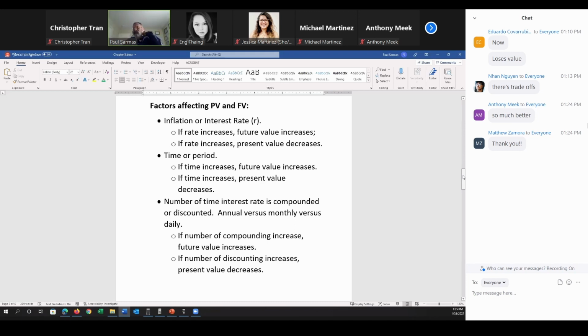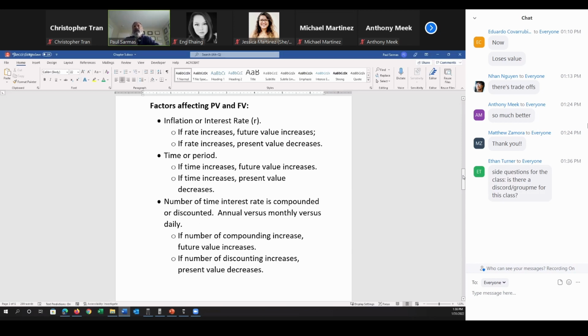So as interest rates increase, what will happen to the present value? It will go down, decrease. Higher interest rate, lower present value. Higher interest rate, higher future value. Make that distinction, that relationship is important.